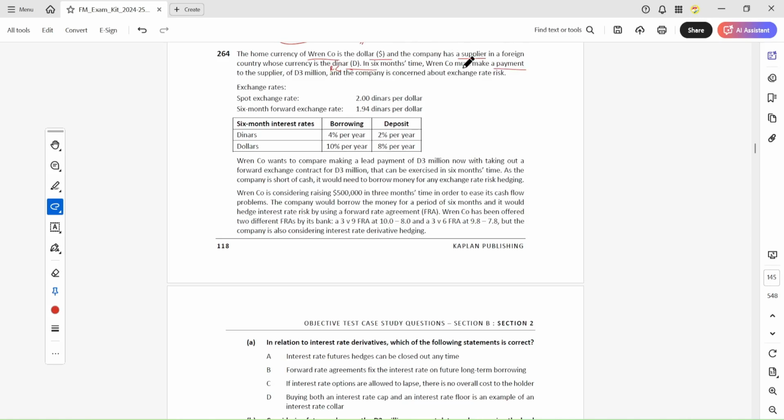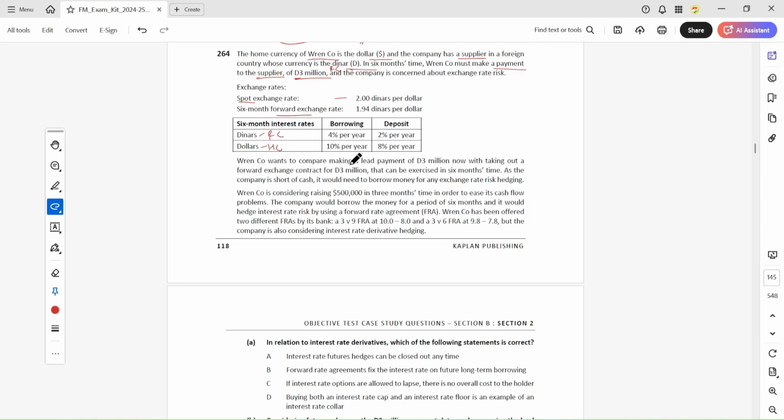The company may make payment to the supplier of 3 million dinar. The company is considering the exchange rates: spot rate, forward rate, borrowing and deposit rates in dinar and dollar. So home currency, foreign currency, and this is dinar.